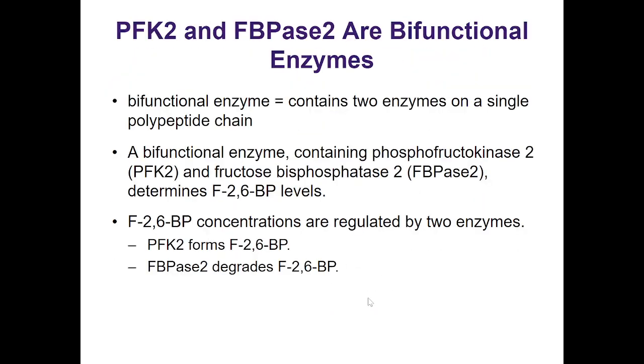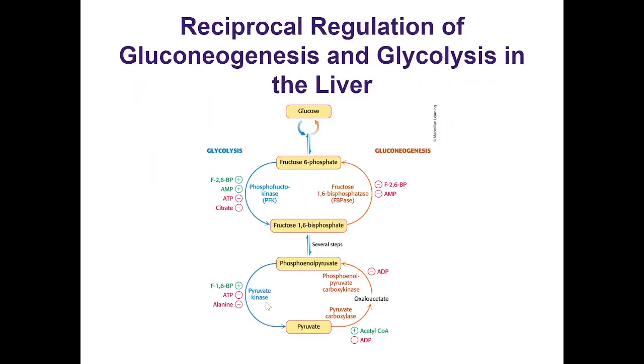Okay. So our F26BP concentrations are going to be regulated by two enzymes. We have PFK2. This is going to form your F26BP. And then we have FBPase2 that's going to degrade your F26BP. So if we want to have an amplified activation, we would have PFK2 form the F26BP. F26BP is going to do what? It's going to inactivate gluconeogenesis and activate glycolysis, right?